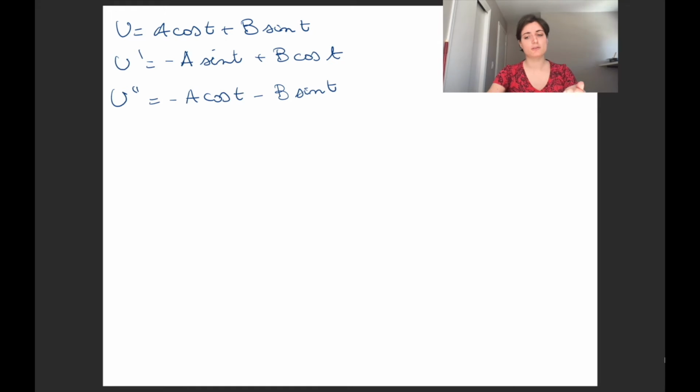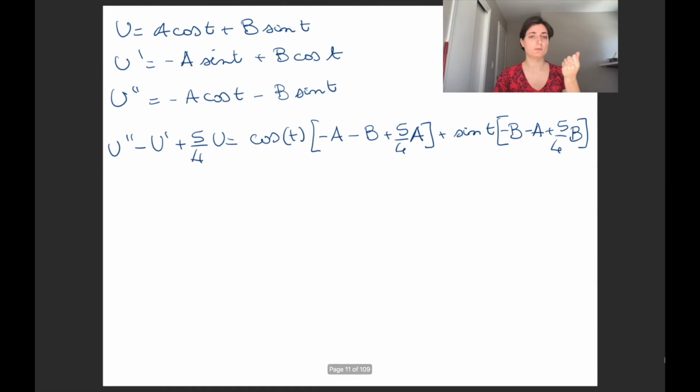And we plug these values inside our ODE, so u'' + u' + 5/4 u. And if we do the calculations, we retrieve that this is cosine of t times something that depends on a and b, and sine of t with something that depends on a and b as a coefficient in front.